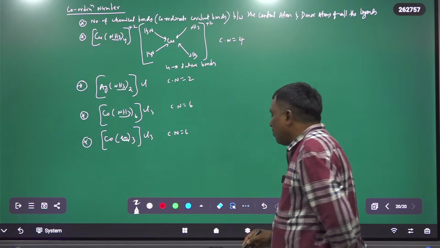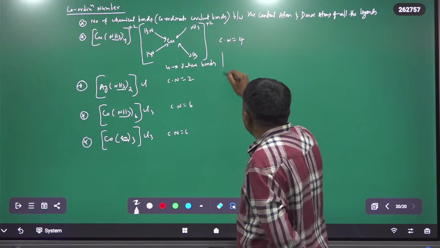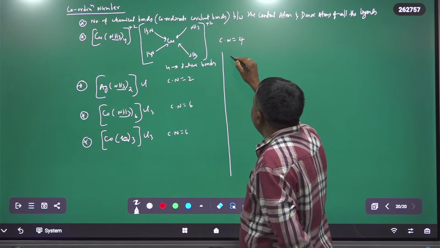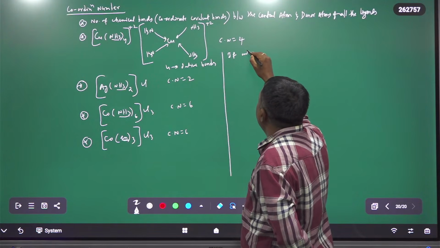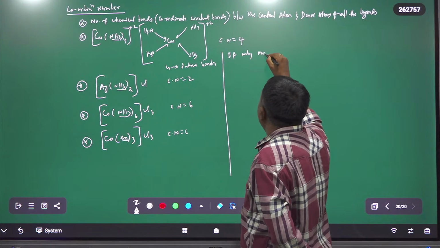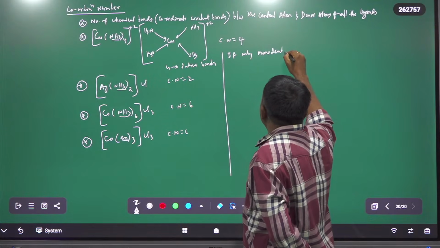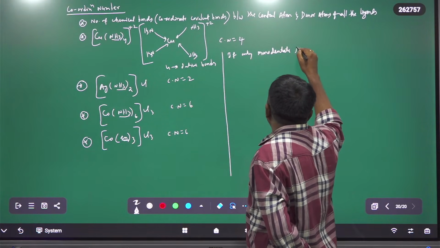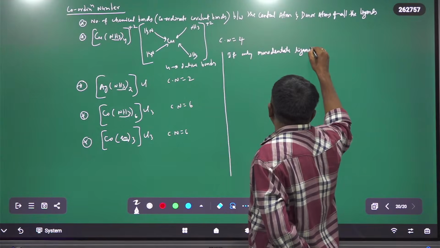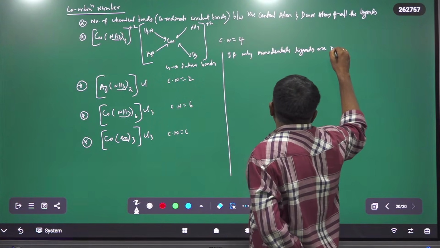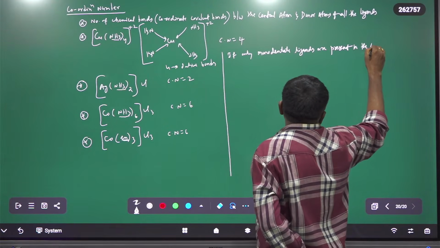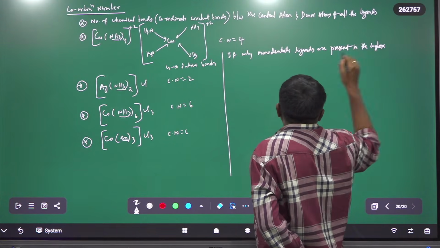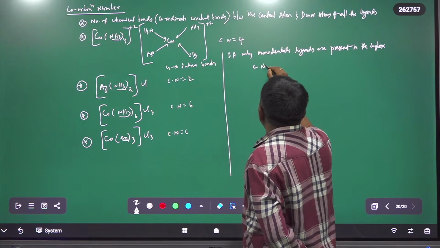So the formula: if only monodentate ligands are present in the complex, coordination number is equal to what?